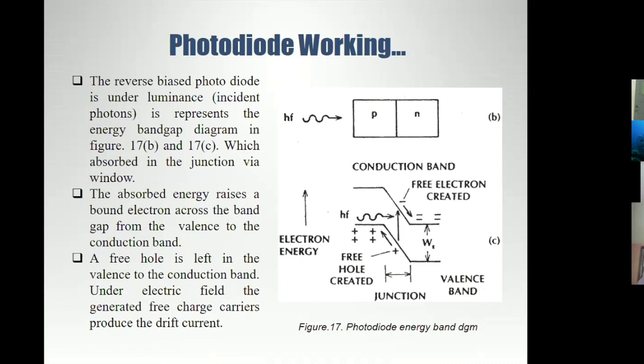Free electrons will flow from P to N, as minority carriers, like in a normal reverse biased PN junction diode. The minority carrier will flow when it is reverse biased. Okay. Why? And the hole will go from N to P. Why? Because it is reverse biased.